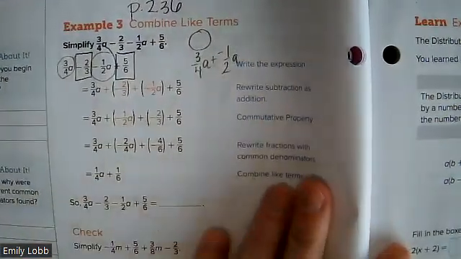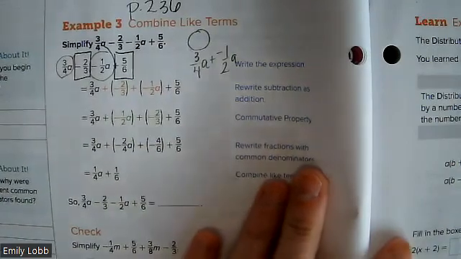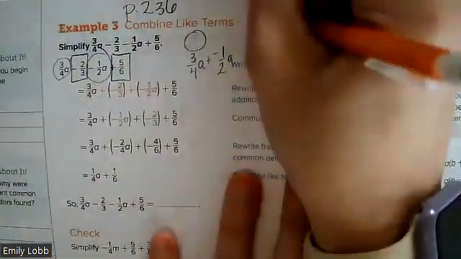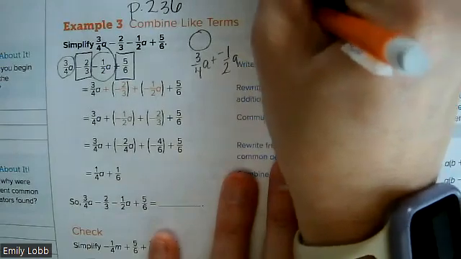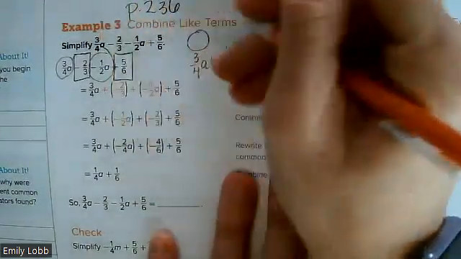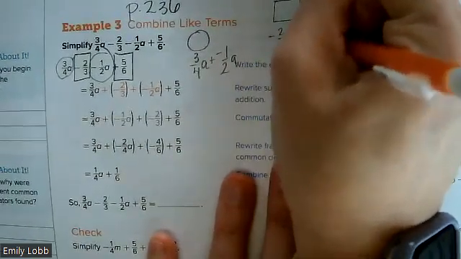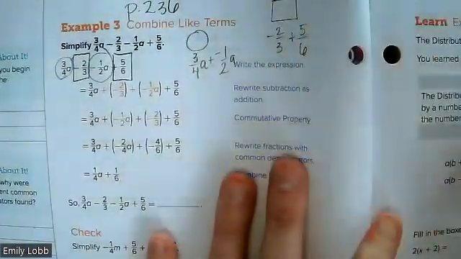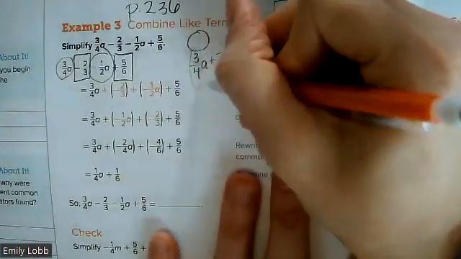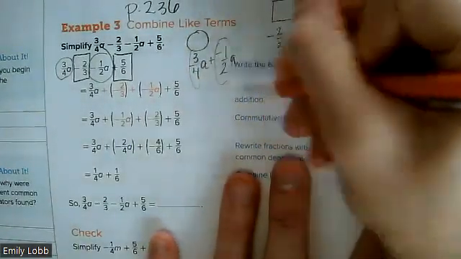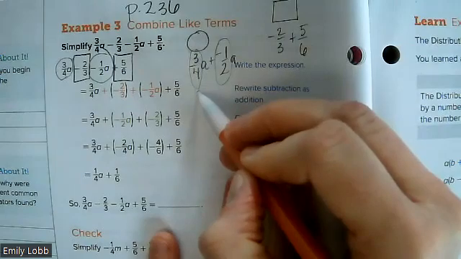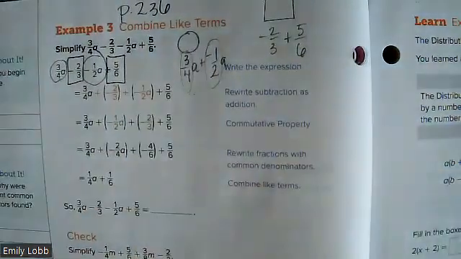So we have to rewrite our fractions with common denominators. So our square terms were -2/3 and 5/6. When I'm looking at my coefficients here, since these both have a in them, I can combine my coefficients.